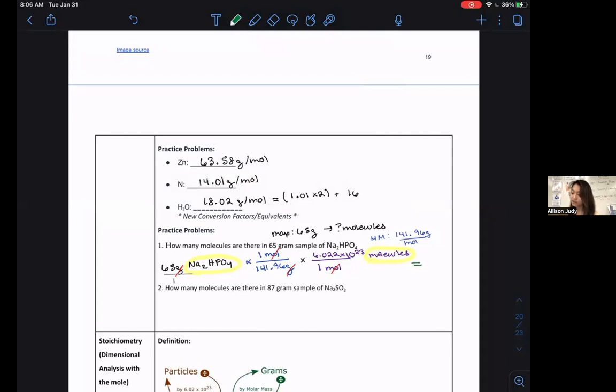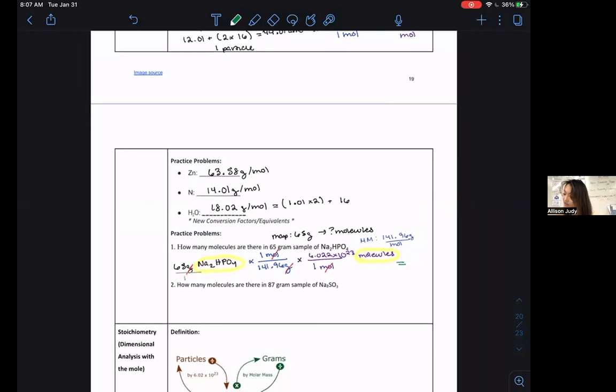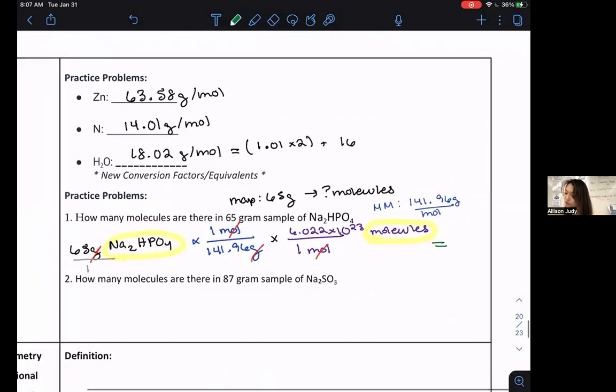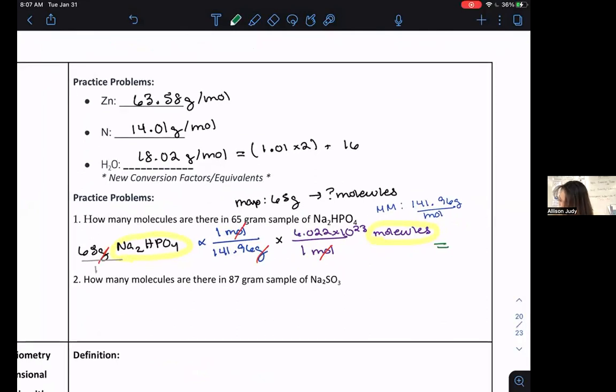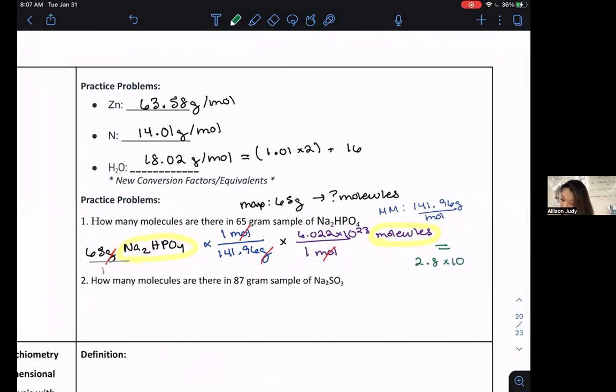And I get that in a 65-gram sample of Na2HPO4, I would have approximately 2.8 times 10 to the 23 molecules of Na2HPO4, to 2 sig figs. And that is how you would do dimensional analysis with the mole, or a multi-step unit conversion with the mole.